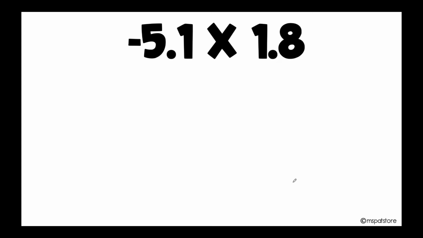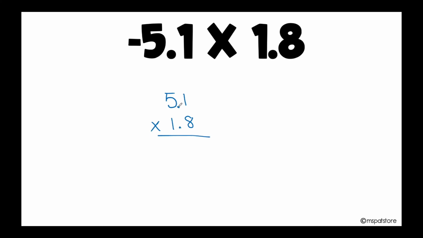Very good. So by now, you already know that as you're multiplying rational numbers with different signs, your answer must be negative, okay? So let's see. 5 and 1/10 times 1 and 8/10.